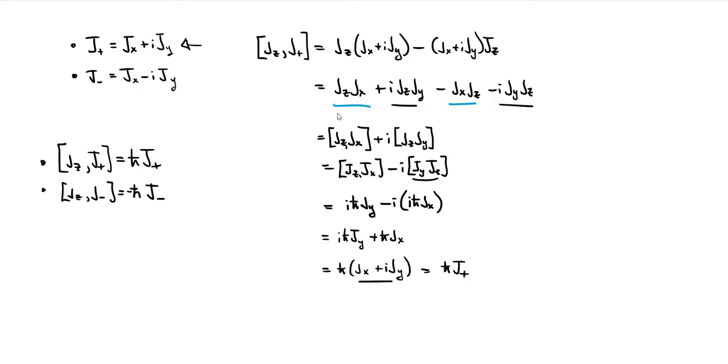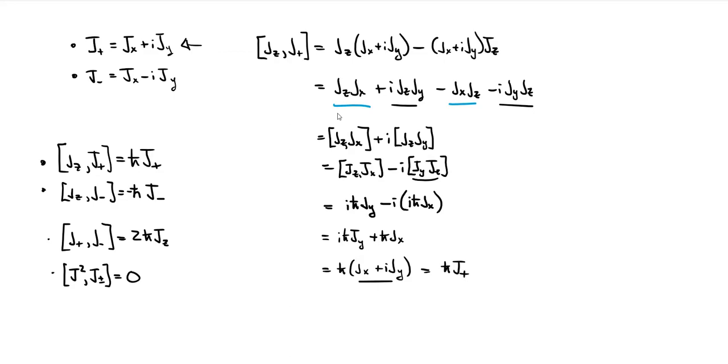If we look at them commuting with each other, I'm not going to derive all of these here, maybe I'll ask them on a homework, but J plus and J minus commuting gives us just 2 h bar Jz. And the J squared operator commutes with both of those, so that equals 0, which is kind of obvious.